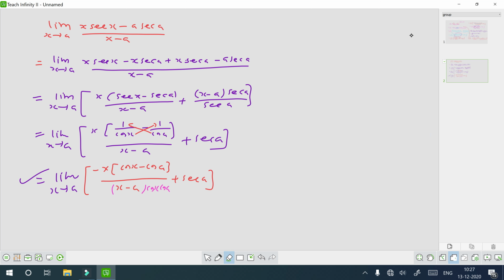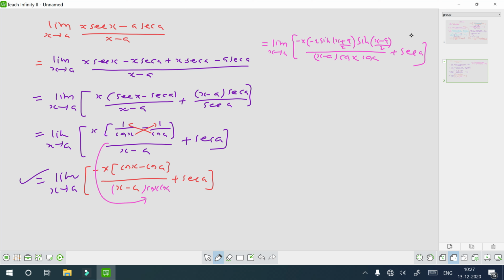That is equal to limit x tends to a of minus x times minus 2 sine (x plus a)/2 sine (x minus a)/2 over (x minus a) into cos x cos a, plus sec a, because if we are taking LCM, that comes also in the denominator.